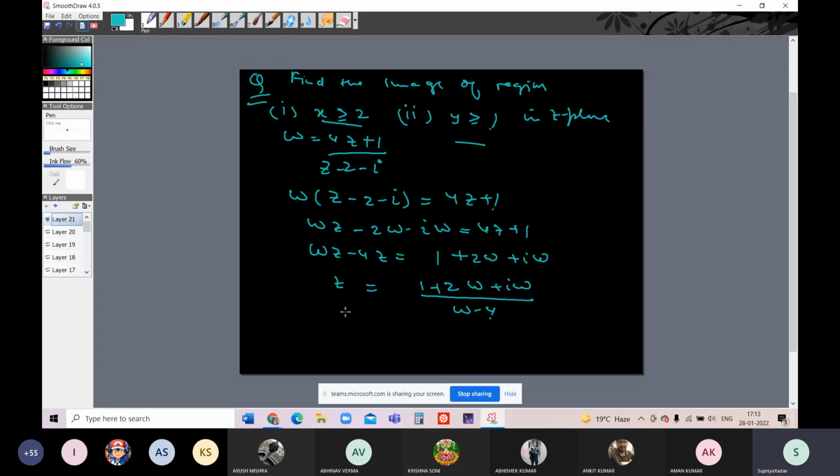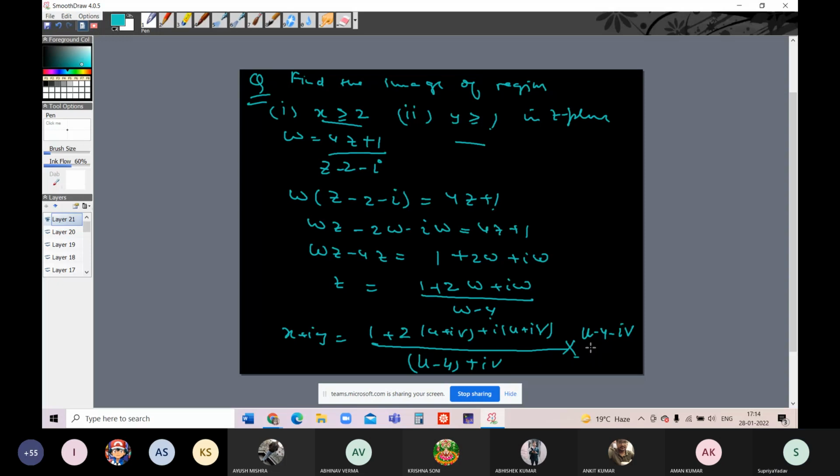So z can be written as x plus iy, and w can be written as u plus iv, and in the denominator we will have u minus 4 plus iv. First of all, we will rationalize this denominator by multiplying by u minus 4 minus iv in the numerator and also in the denominator, and this will give you, solve this.